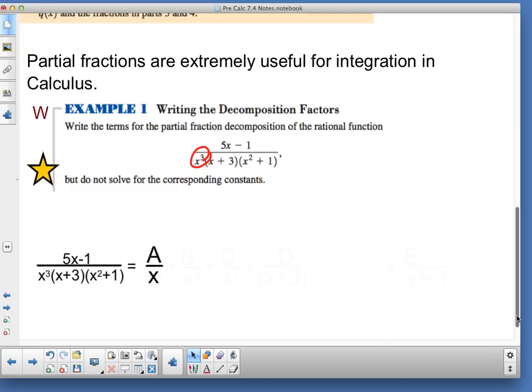The x cubed, I've got a over x. Now, that's only to the first power, plus b over x squared. That's still dealing with my x cubed. Okay, now I've got to write c over x cubed.